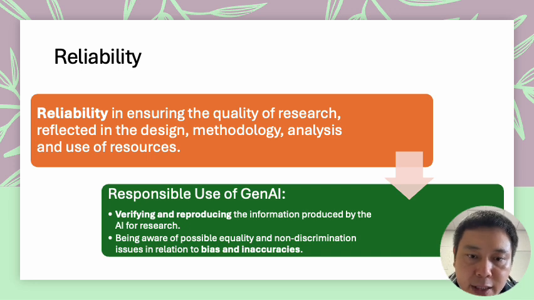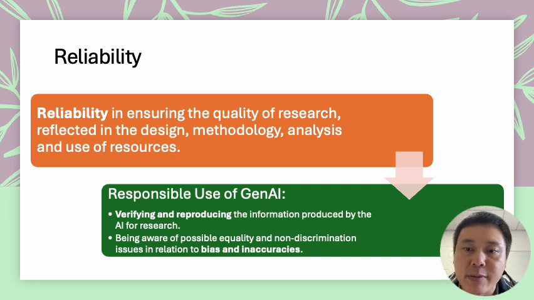In the context of responsible use of generative AI, it requires researchers to verify and reproduce the information produced by AI for research. Basically, it requires us not to just directly use the raw output from generative AI tools. It also requires us to be aware of possible equality and non-discrimination issues in relation to bias and inaccuracies.